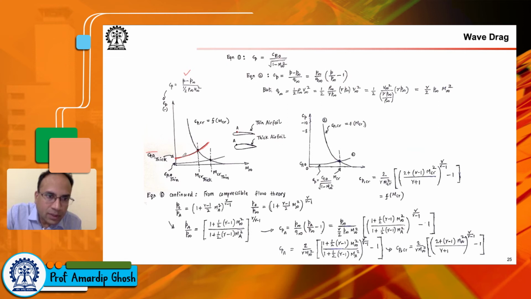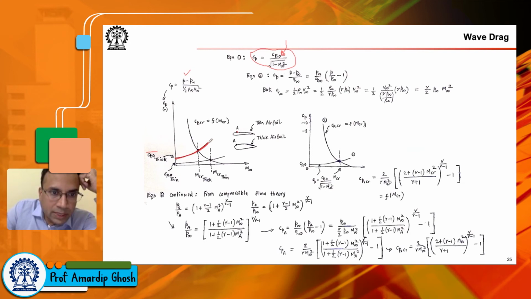Then you correct it using the Prandtl-Glauert or some kind of correlation. Then by using this correction with Mach number, you find the Cp distribution.